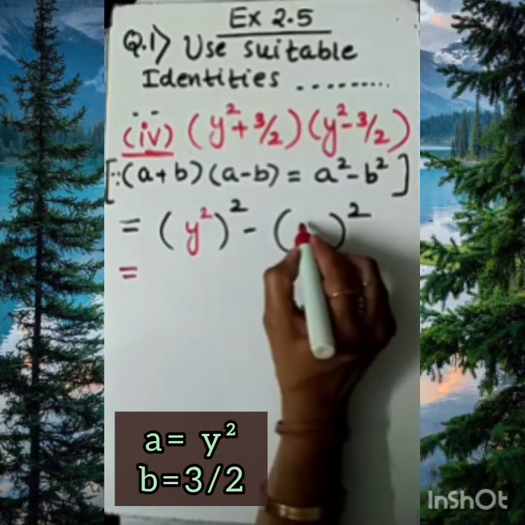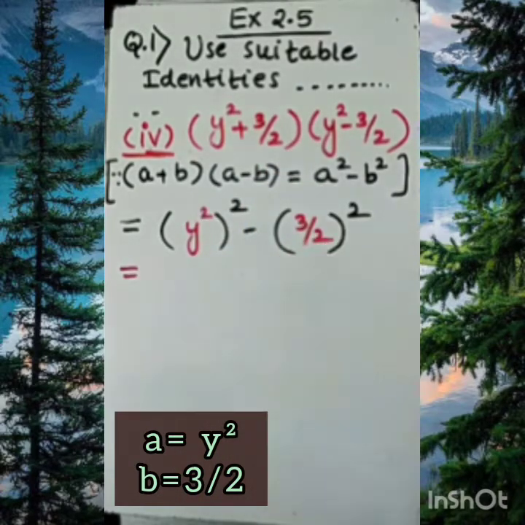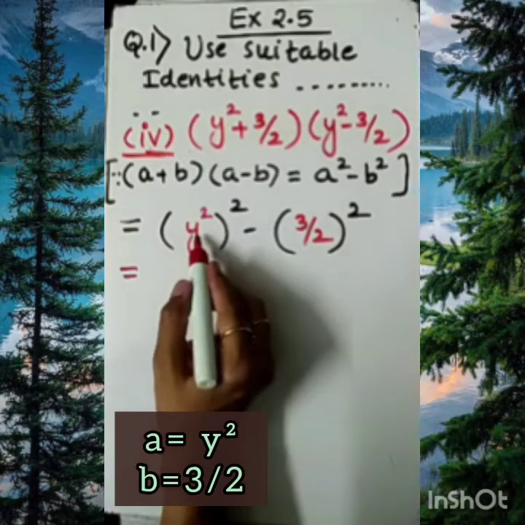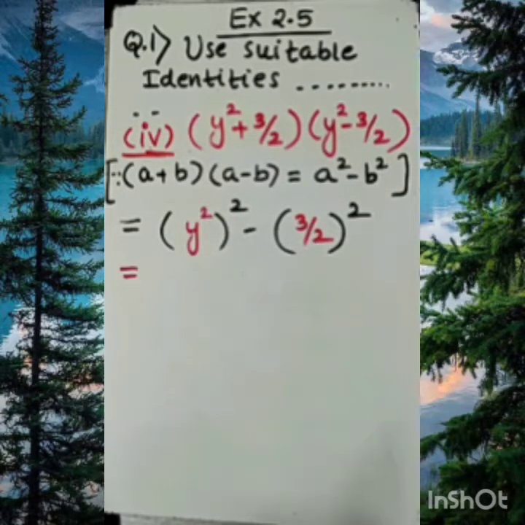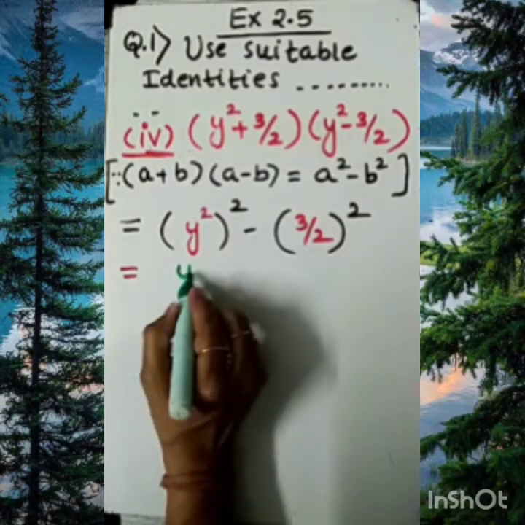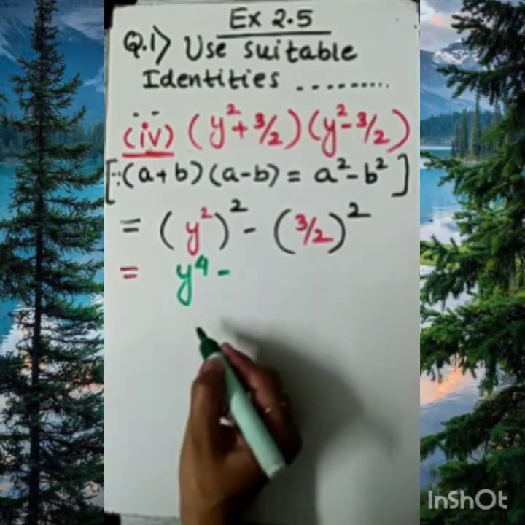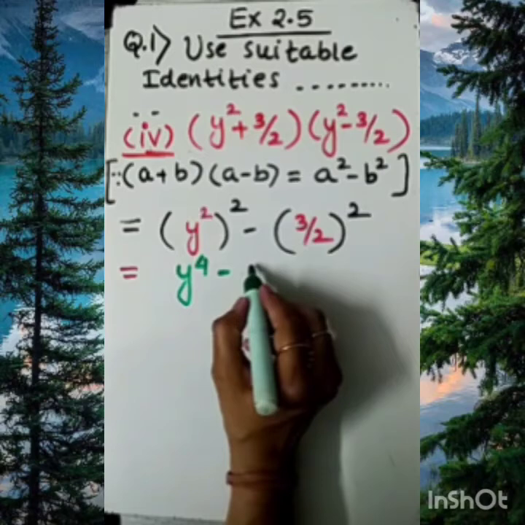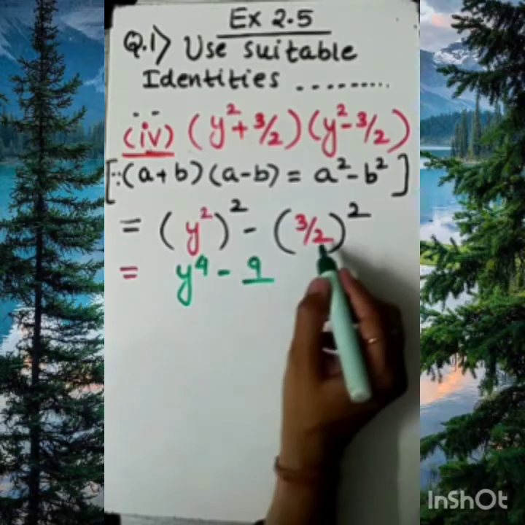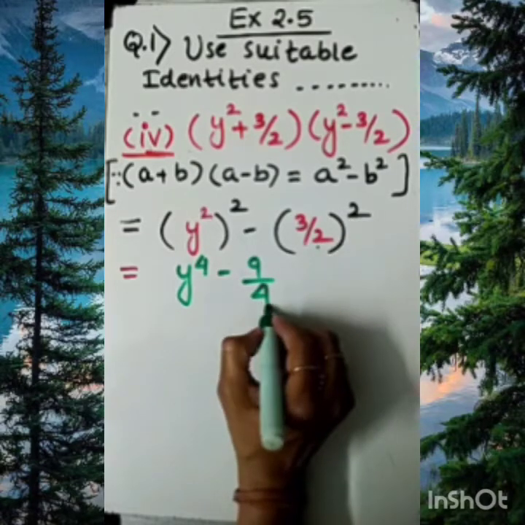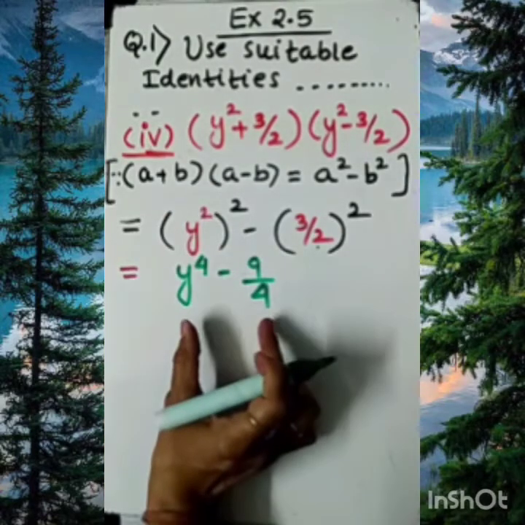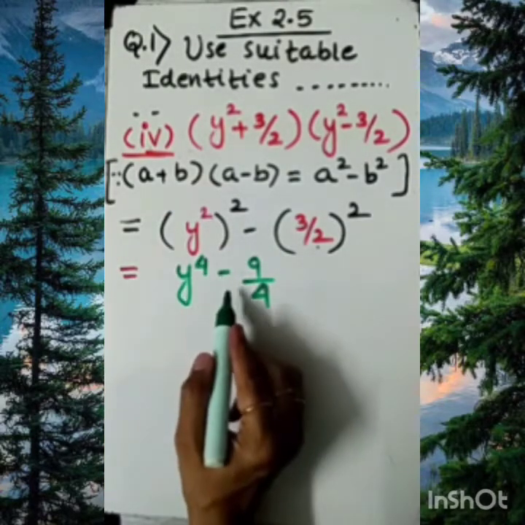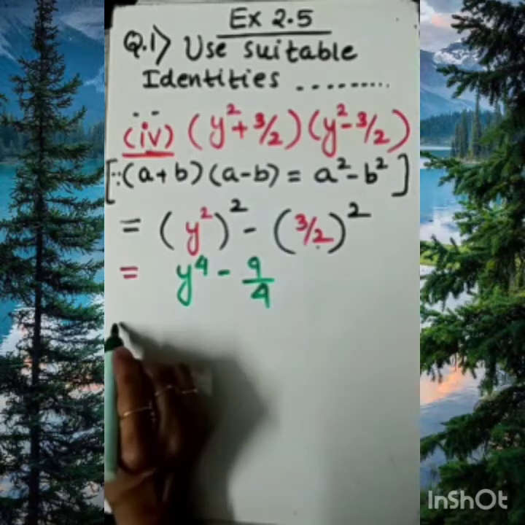What is b? That is 3 by 2. So dear student, y square to the power 2 gives the result y to the power 4, minus 3 square is 9, 2 square is 4. So the solution of this question number 4 is y to the power 4 minus 9 by 4.